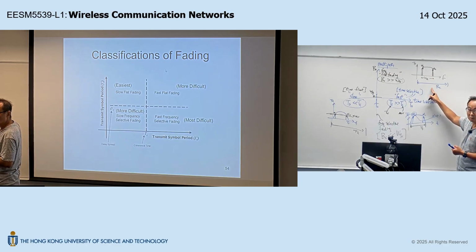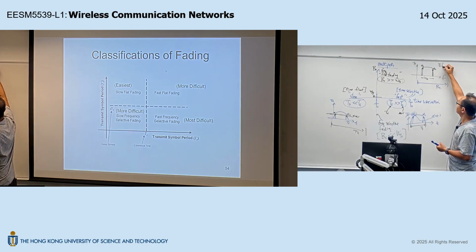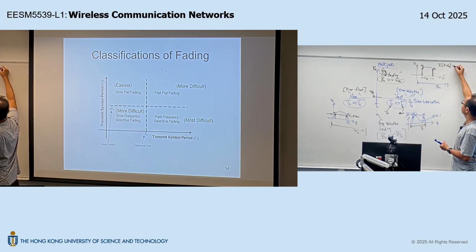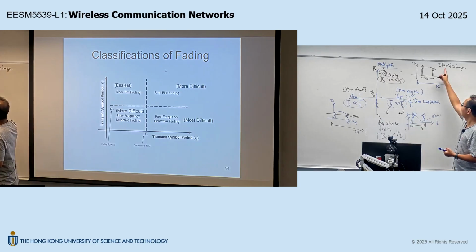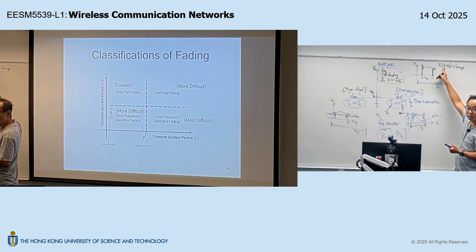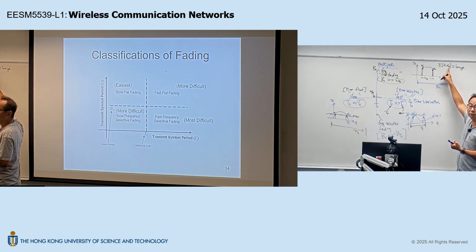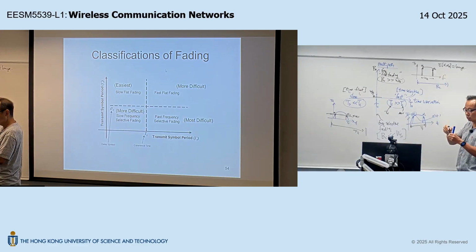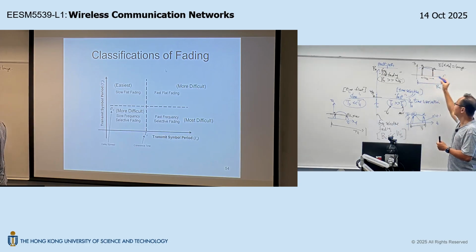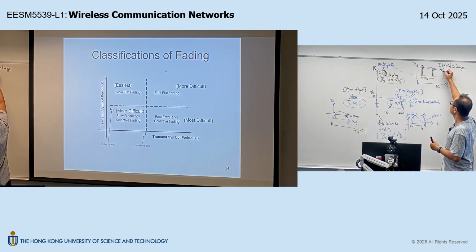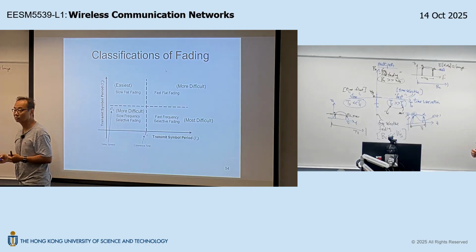So what does that mean? That means you expect the correlation between these two fading responses would be large, right? So what do we mean by large? That means if alpha 1 is large, there is very high chance that alpha 2 would also be large. So if you try to draw the frequency response, it would be like this, almost like a flat line. So that would be the frequency response in terms of the frequency.